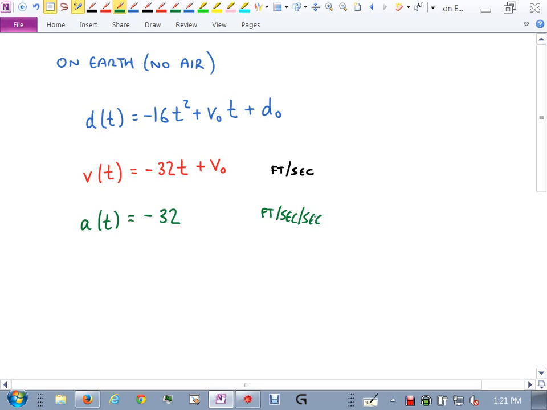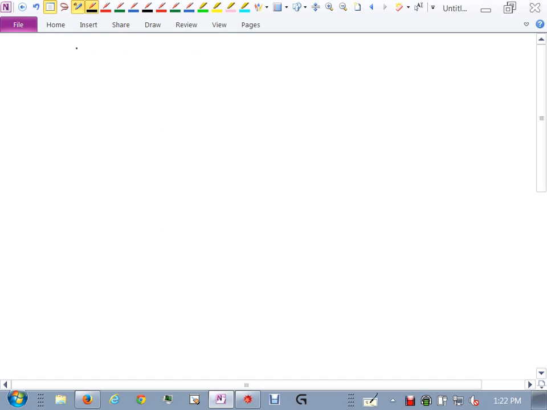Now, let's just try a quick problem, see how we could apply this. Example. Let's say we have d of t equals negative 16 t squared plus 1200. Could you look at that as being an object being dropped on Earth?